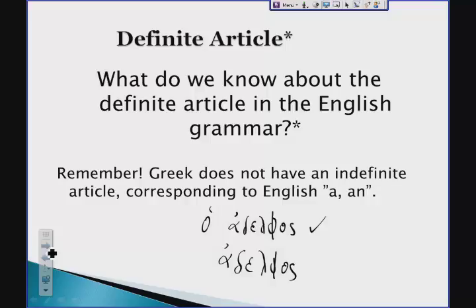Remember, Greek does not have the indefinite article. But the moment the Greek word appears without the definite article, then you give it the English indefinite, a or an.